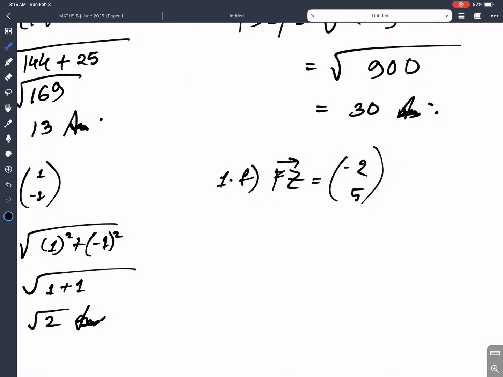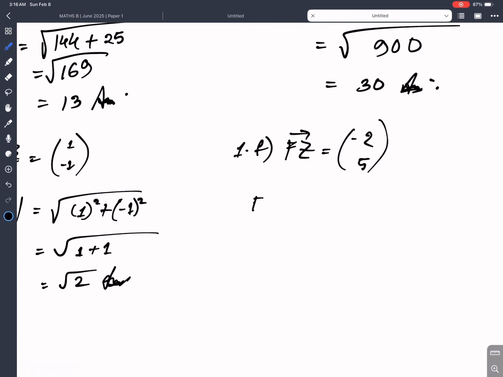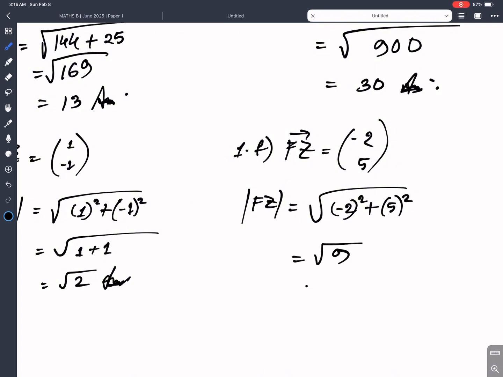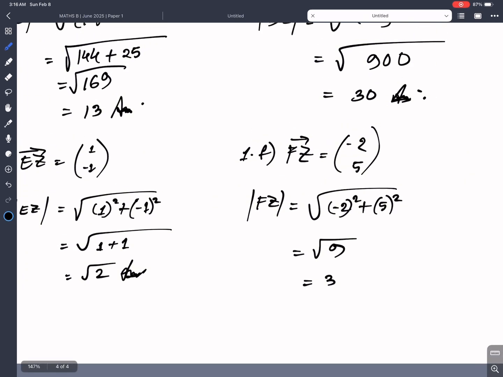I will explain you in the next video. So the FZ modulus is root over negative 2 square plus 5 square, which is 4 plus 5, root over 9 is 3. Here you go. This is the answer.